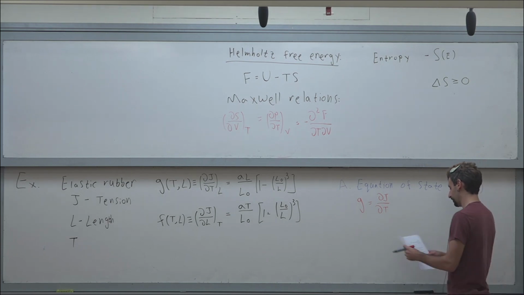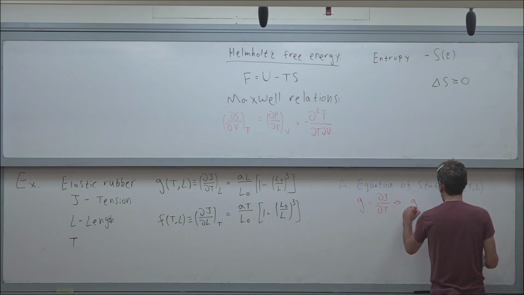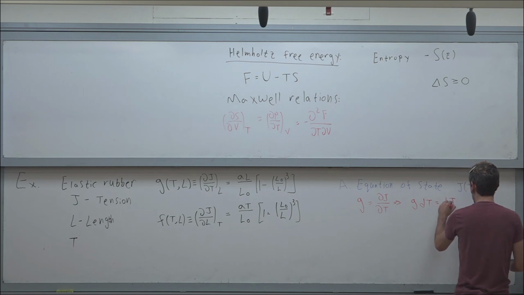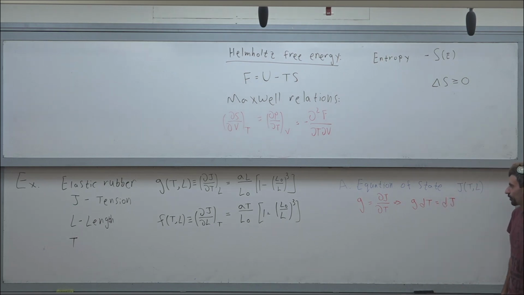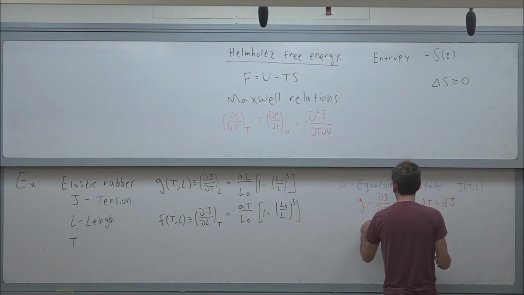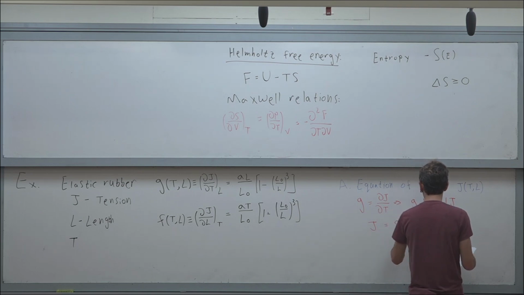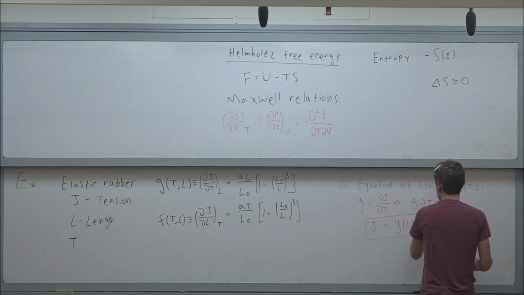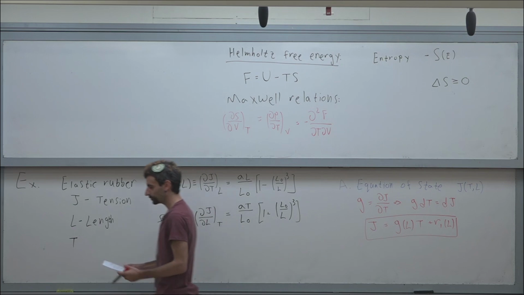So we can write G dT as a full differential, and we can integrate it on both sides because G only depends on one parameter, to get J equal to G as a function of L times T plus a constant that can in general be length dependent.